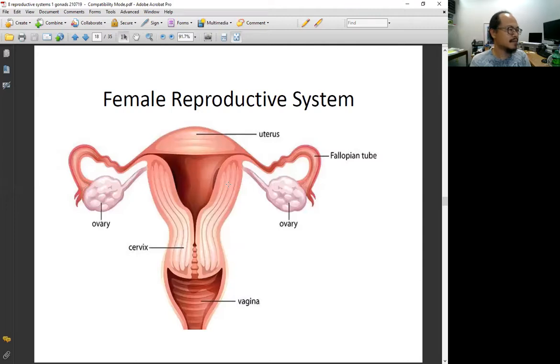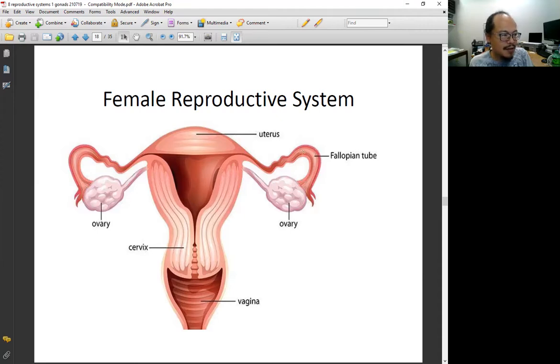So the uterus is where we have the implantation. After the fertilization, which will occur in the fallopian tube, the oocyte will meet the sperm in this tube.